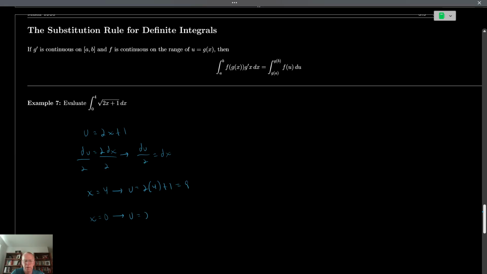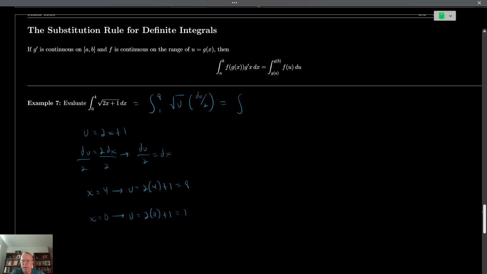And if x is 0, we have 2 times 0 plus 1, which is 1. So now the limits of integration become 1 to 9 instead of 0 to 4, because we're going to be working with u and not x. So now this becomes the square root of u times du over 2.